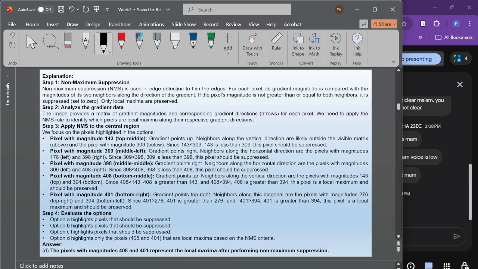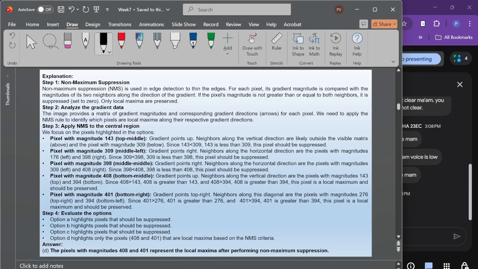Non-maximum suppression is used in edge detection to thin the edges. For each pixel, its gradient magnitude is compared with the magnitude of its two neighbors along the direction of the gradient. If the pixel magnitude is not greater than or equal to both neighbors, it is set to zero, and only local maxima are preserved.